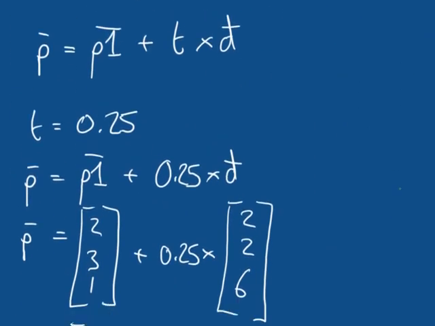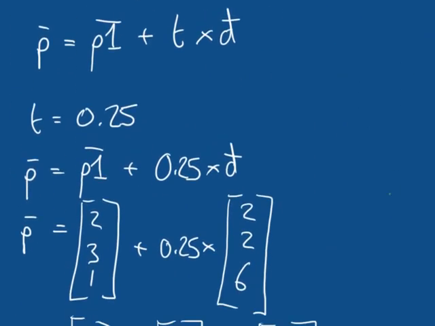So in this case, what happens if we use a negative value for t? What happens if I said that t was equal to -1?